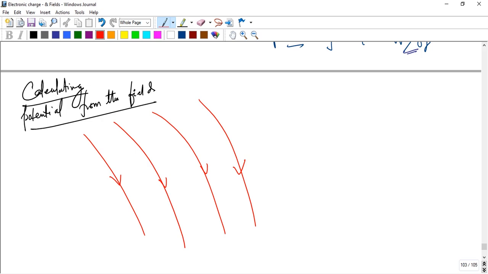Calculating potential from electric field: how do we calculate the value of potential if we know the electric field? Actually, the concept is this. Suppose we bring a test charge plus Q naught and move it along the path from I to F. The gap between two electric field lines is delta X, and the field is E. The red color represents the electric field. That is not potential, don't be confused.